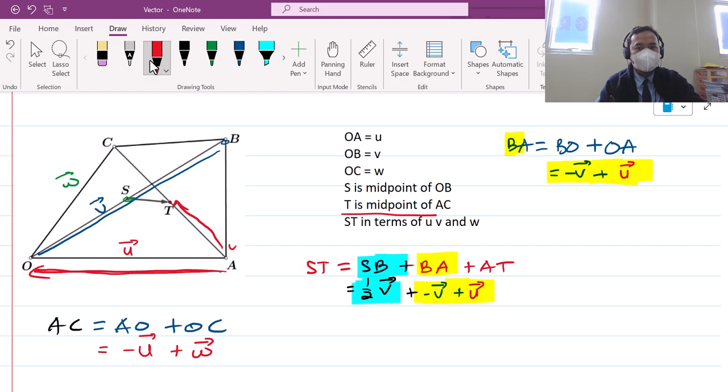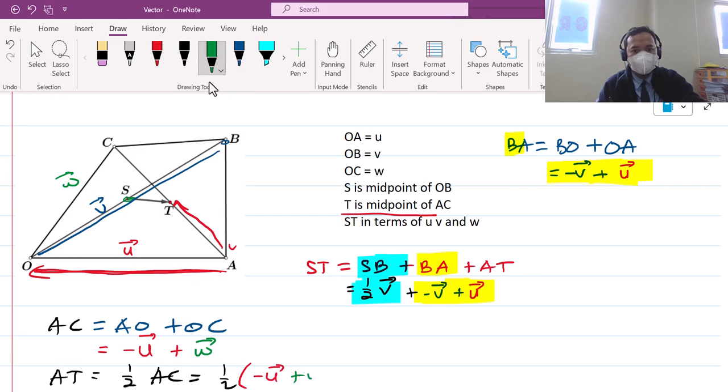Then again, because we know that AT is half of AC, AT is equal to half of AC. So that will be just half of all of these guys over here. Let me use a different color. So that will be half of bracket minus U and then plus W.